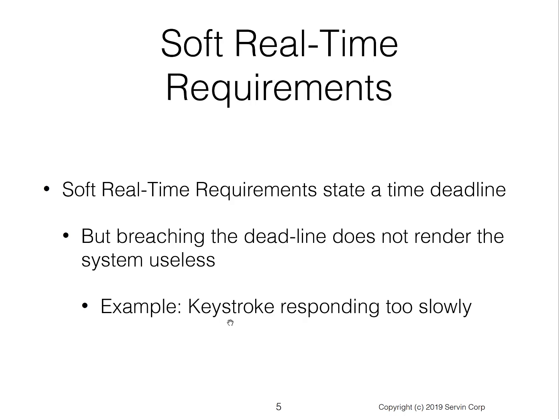For example, you drive up to the gas pump and you're in a hurry to pump your gas and you're punching on the keypad, a great example of an embedded RTOS system, and maybe the keypad is not responding fast enough for you because you're in a hurry. Well, that doesn't render the system useless. You just have to slow down a little bit, maybe touch the key twice. So soft real-time is not a showstopper if you don't handle that requirement in time.